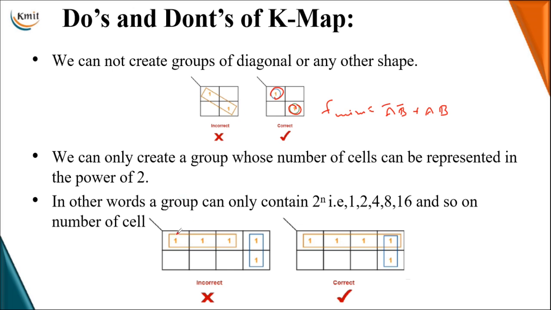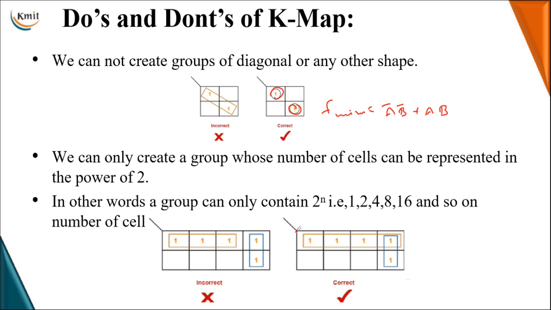Next, here we have another case with 3 variables. I have a total of 5 minterms, so the possible groupings are 1, 2, 4, 8, 16, but the first picture gives a 3-minterm combination along with a 2-minterm combination. It cannot have a 3-minterm combination, it can only have a 4-minterm combination.